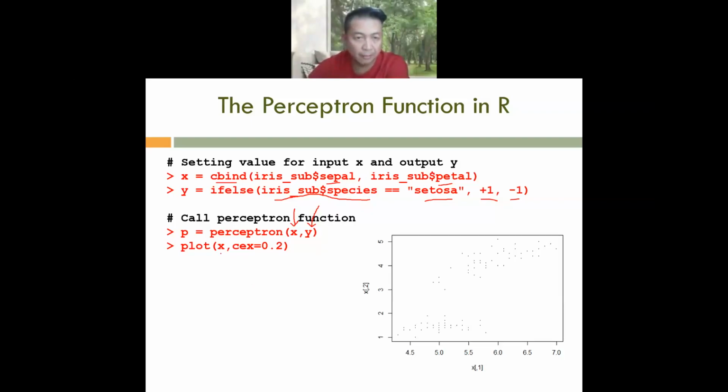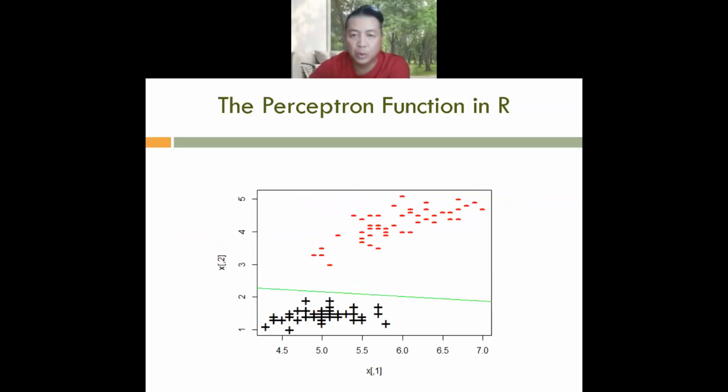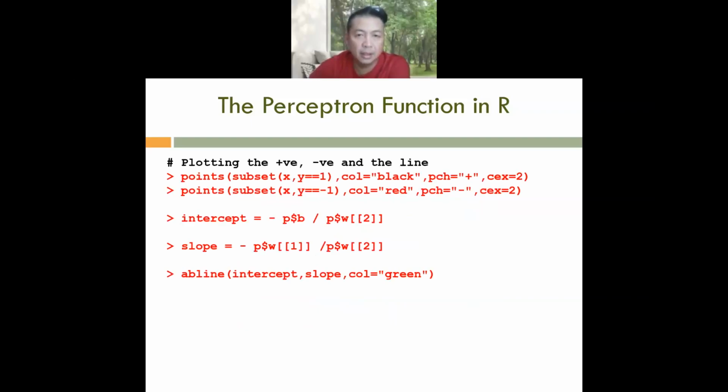Okay, so when they plot this one, they plot the X. The X is basically your sample and petal. So this is the first column, this is the second column. Okay, so we should be able to draw a line that separates these two.